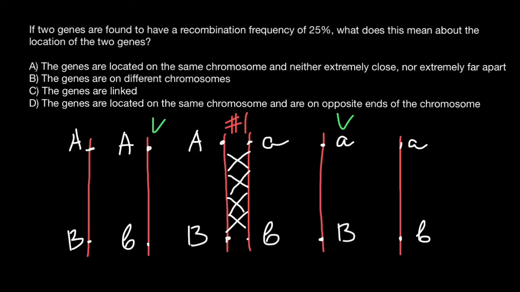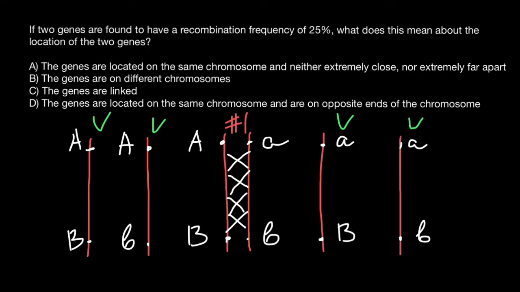In this case, we again are going to get those recombinant chromosomes, but from the point of view of alleles A and B, they are going to be the same as the two parental chromosomes. So now you have to understand that when between two genes we have an even number of crossing overs, we are going to get the same genotype.